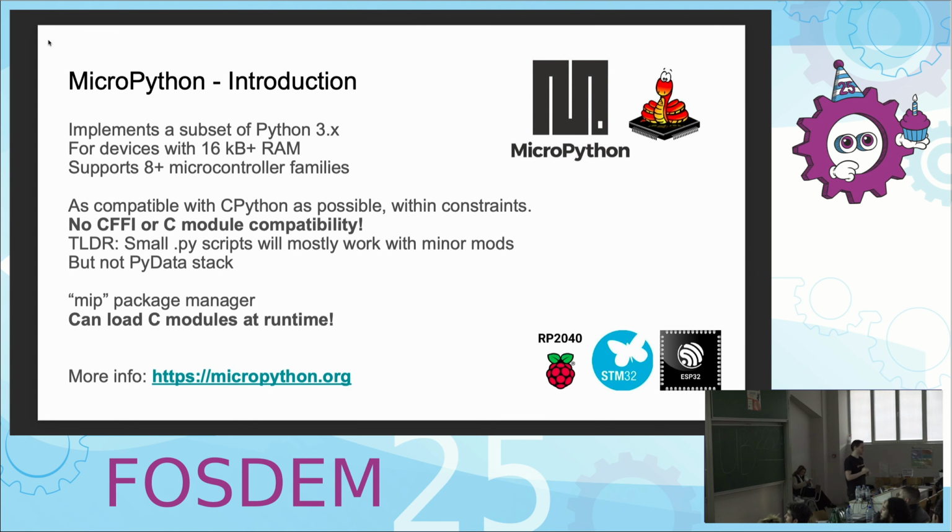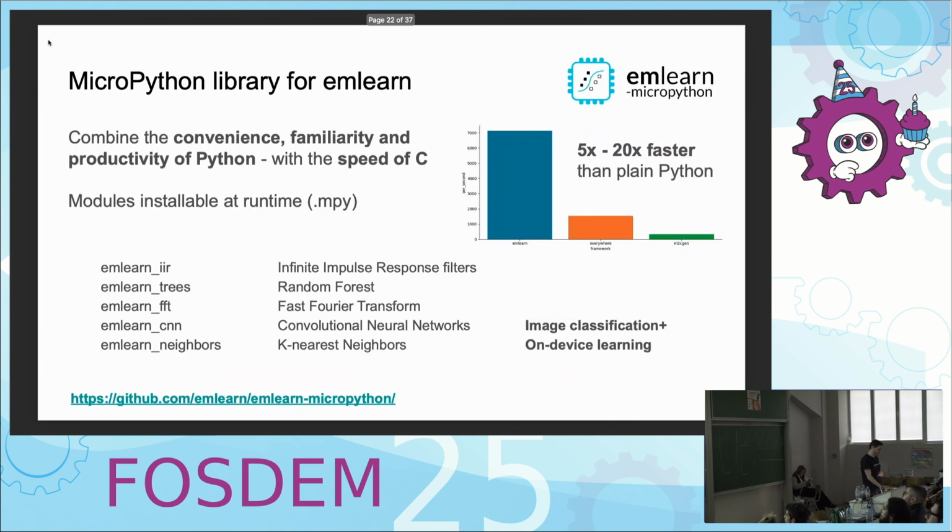And they have a really nice feature, which is that you can load C modules at runtime. Similar to a real computer, you can just do mip install on a native module, and then you can drop in efficient C modules that you can use from Python. And that's quite unique in this embedded space and very useful.